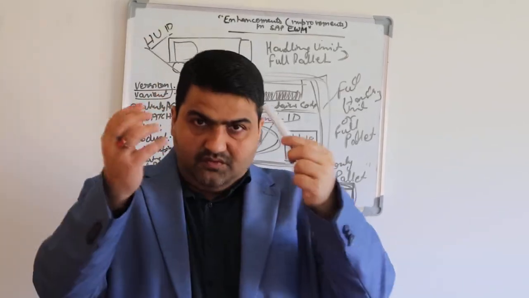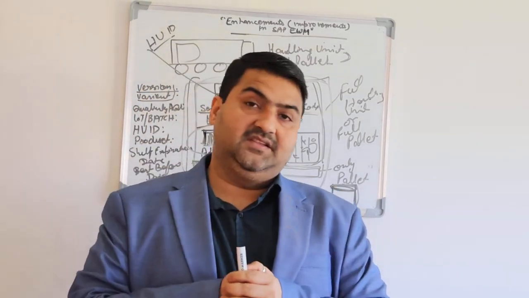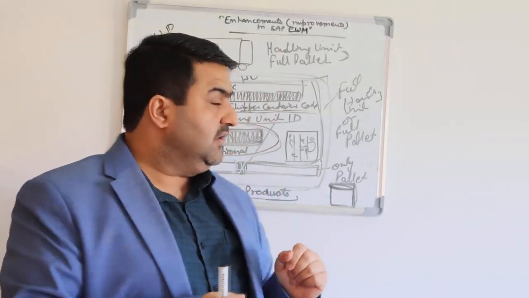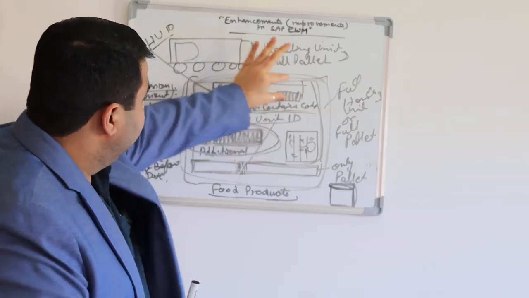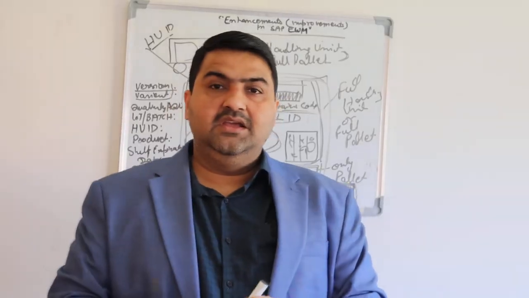And we receive this barcode from the vendor or supplier, or we have to create it in the system. How will we manage? Before, until last week, we had only this barcode, so it was very simple.